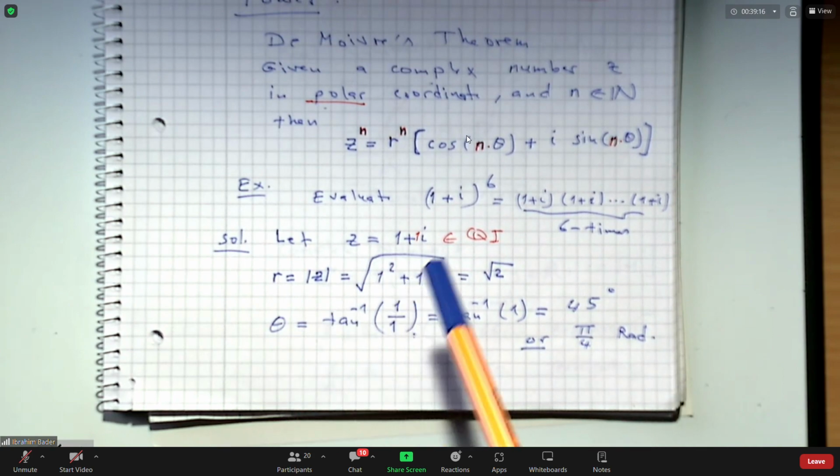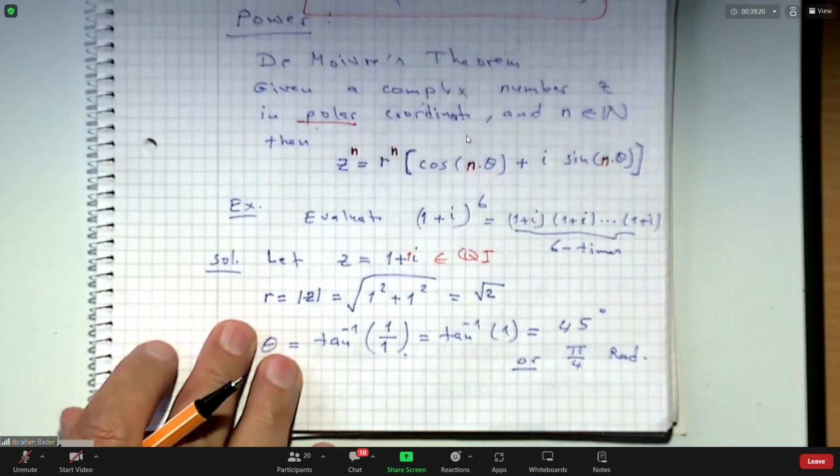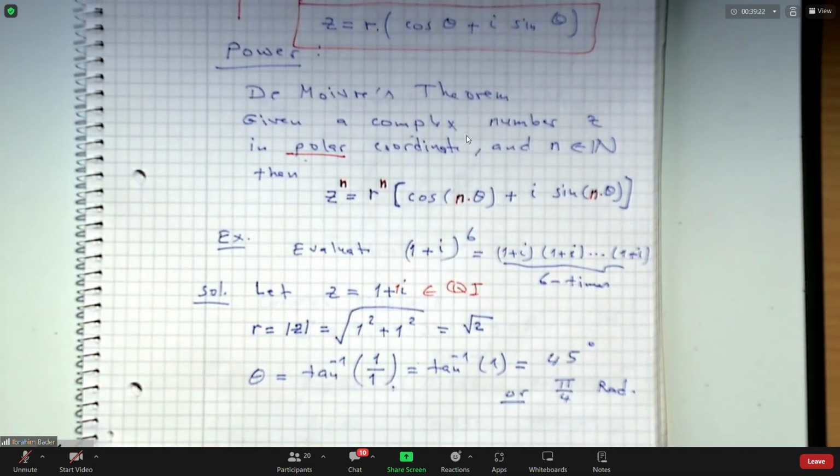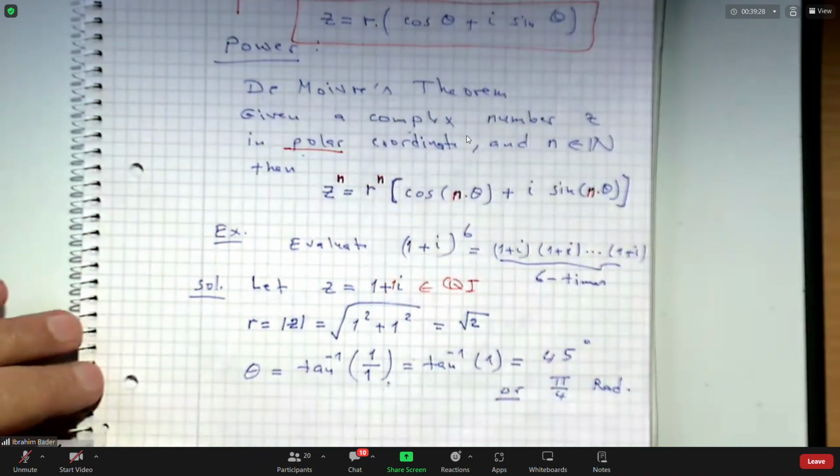And as I told you, in this particular formula for de Moivre's, you can just plug it in, whether it's degrees or radians.